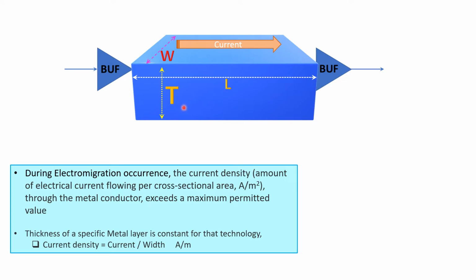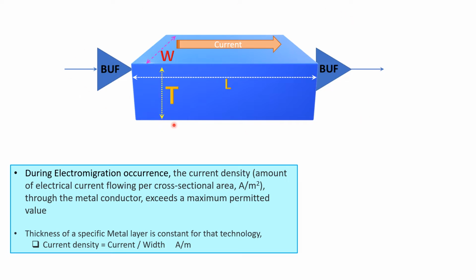In general, for this specific metal conductor, the thickness is constant, because the whole SOC design is made with, say, one layer, metal 4 in this case, and the thickness of metal 4 throughout the SOC design is constant.